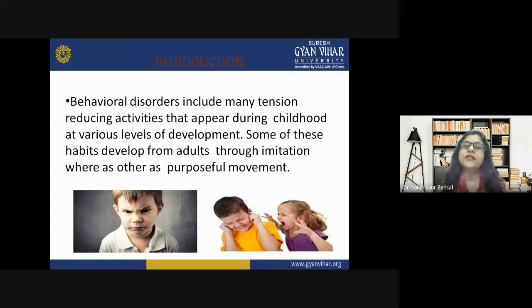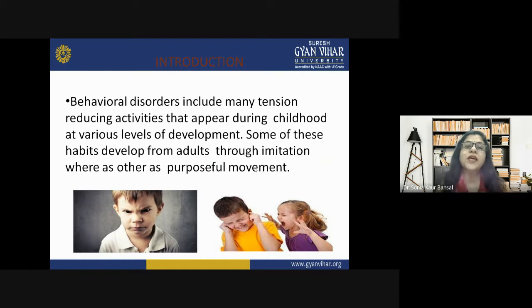We have already discussed in earlier lectures that students go through PMSC, like physical, mental, social and emotional development during childhood or adolescence. But this is the stage where they are facing lots of inner or outer problems also. Some of these habits develop from adults through imitation, whereas others are purposeful movement.